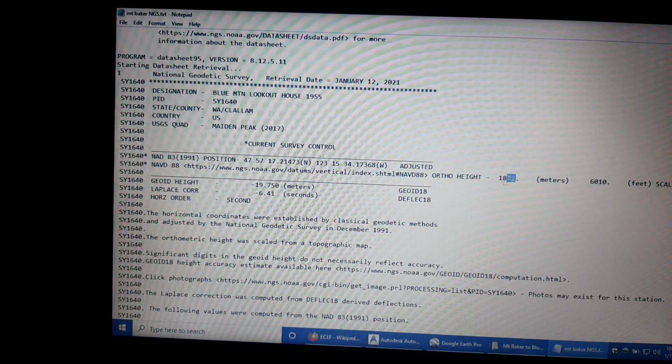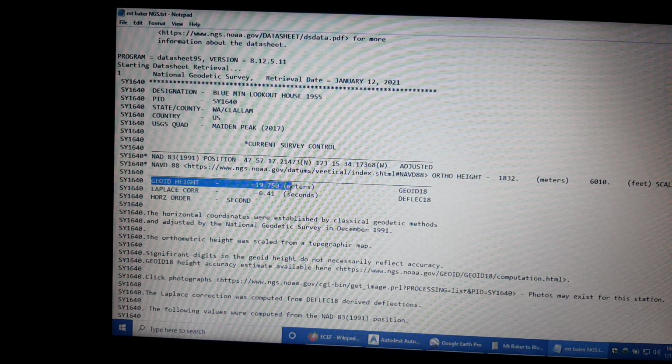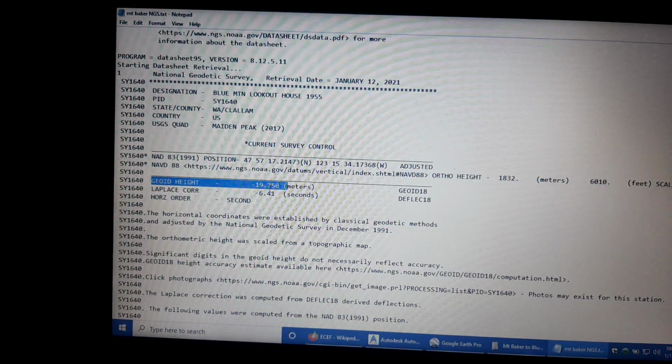And the ortho height, which is the ground elevation, right there, so 610 feet. The geoid height is right there, negative 19. That's in meters.